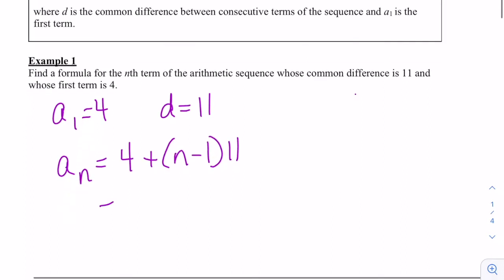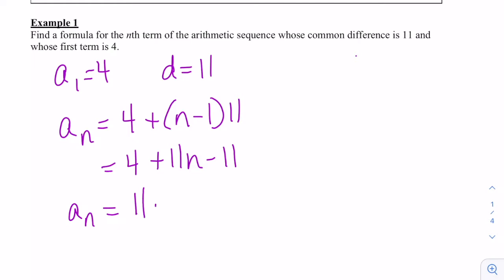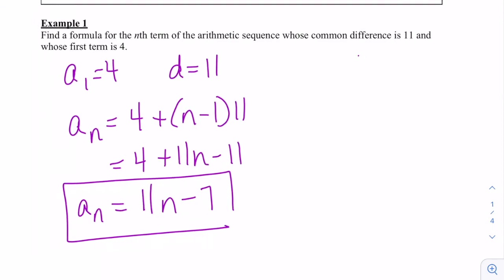If you simplify it, it's going to look a lot like a linear equation. That's going to be 11n, and if we subtract 11 from 4, we would get -7. So that would be the formula for the nth term.